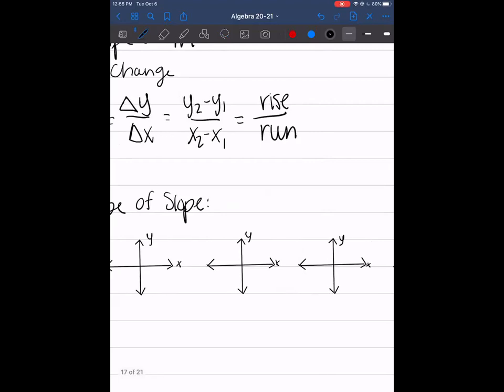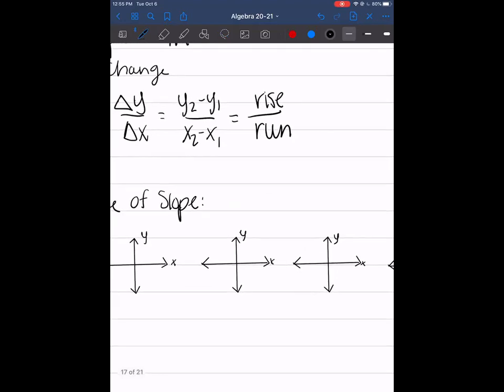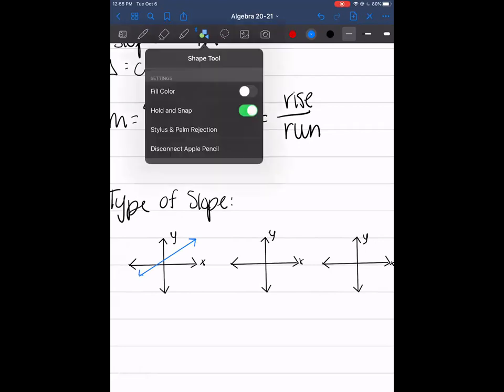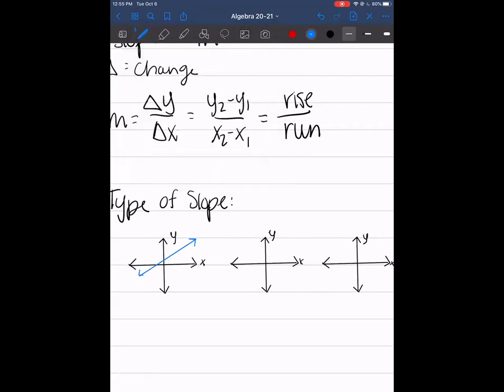So, different types of slope. The first one I'm going to talk about is positive. It's going in the positive direction. This is positive.